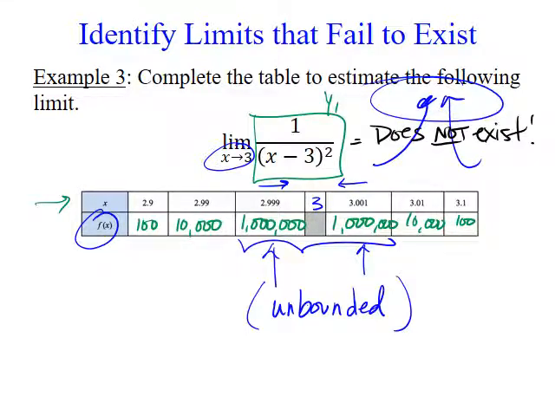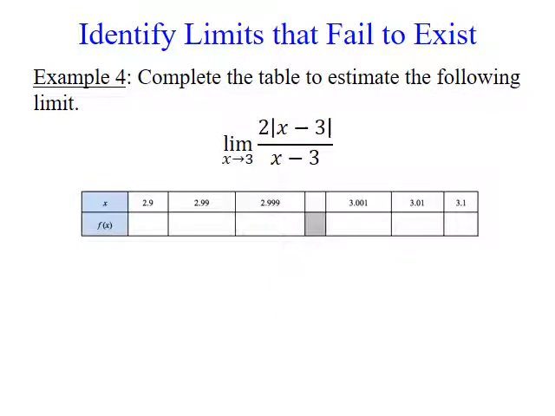Let's look at another example. Let's do the same thing and plug this into your calculator. When you plug these values in for x, you end up with -2, -2, -2, and 2, 2, and 2.